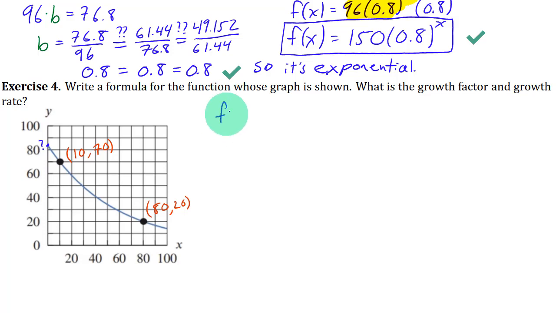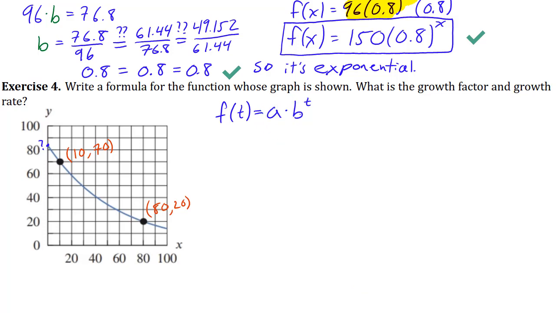So we know it's going to be exponential, something of the form f of t equals a times b to the t. We just don't know the a and we don't know the b. So this is a little tricky because there's two things that you don't know.